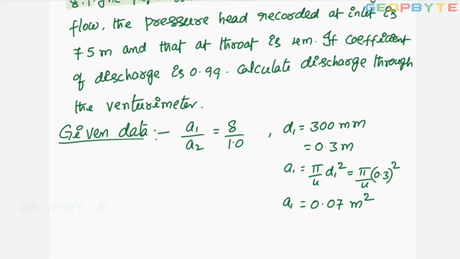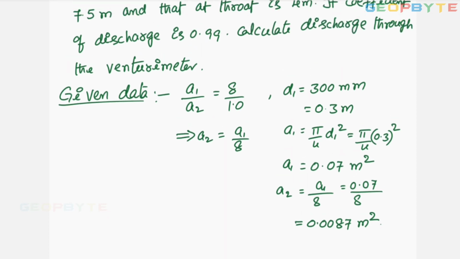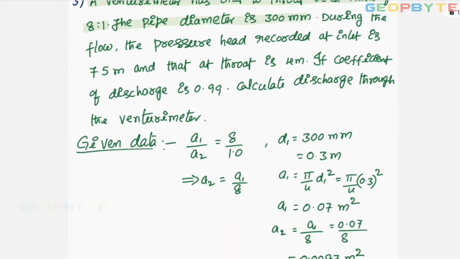Then what is the A2? A2 equal to A1 by 8. A1 0.07 divided by 8. Simplify this value for getting 0.0087 meter square. Okay, that is the first part.